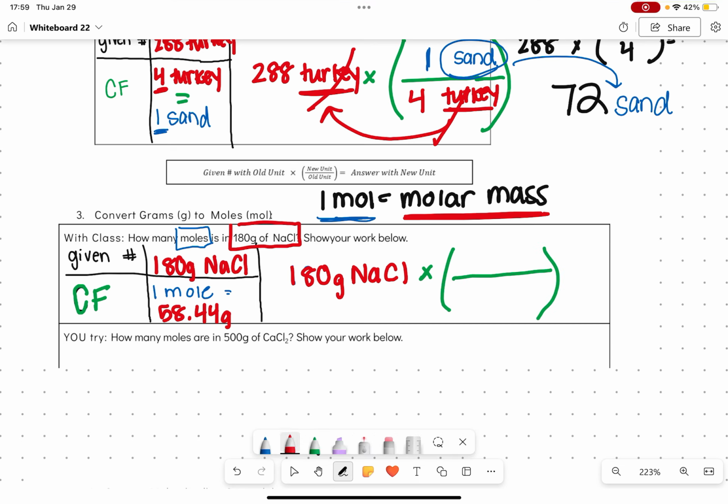My old unit, grams of NaCl, is going to go on the bottom for my conversion factor. So I'm putting that 58.44 grams NaCl on the bottom. And what I want to find is moles of NaCl. And every time you find the molar mass, the number that goes with mole is going to be 1.